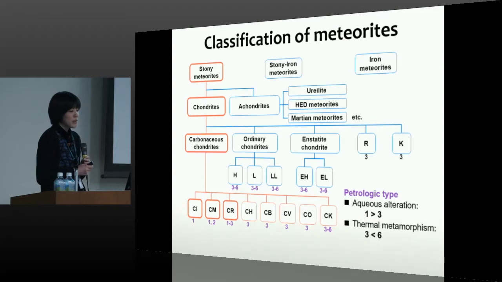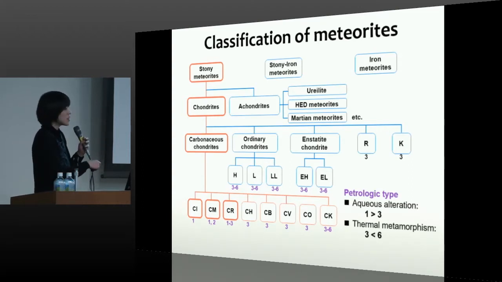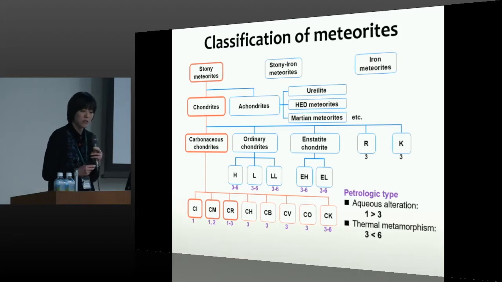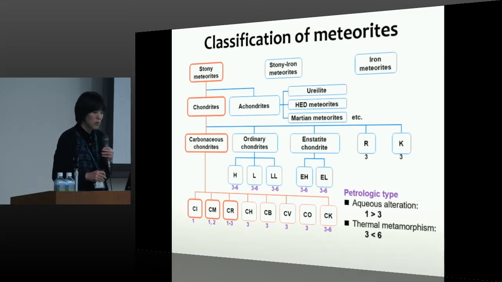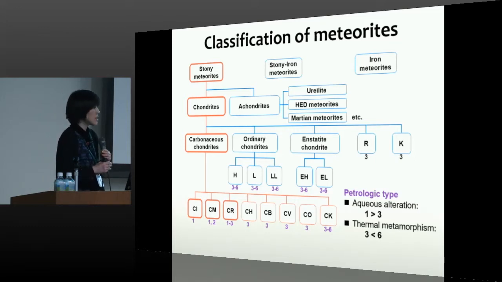So the most primitive kinds of carbonaceous chondrites are CI, CM, and CR chondrites. And so I put some numbers in here. These are so-called petrologic types. This is a degree of aqueous alteration and degree of thermal metamorphism.